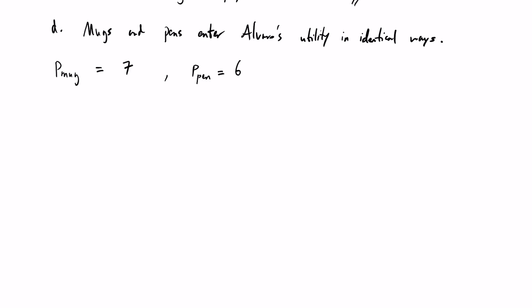Suppose Avero arrives at the experiment with a reference point of having 1 muck and 1 pen. So he comes in, this is part E, and we were told that he expects to get a muck and a pen.